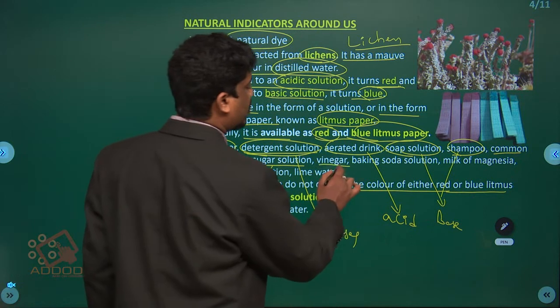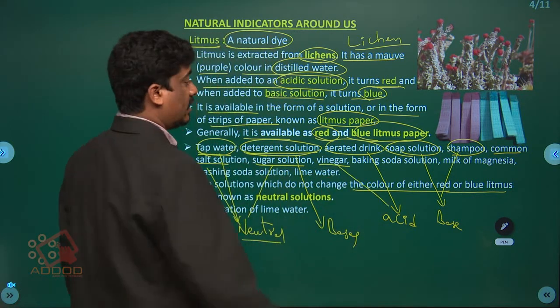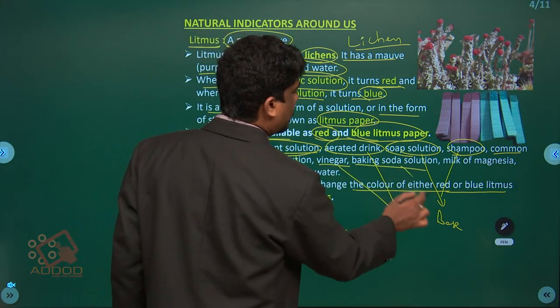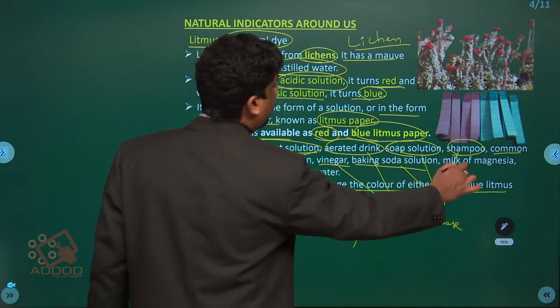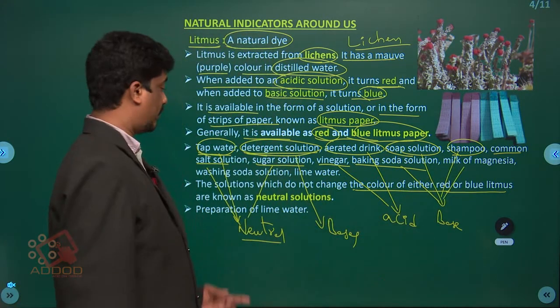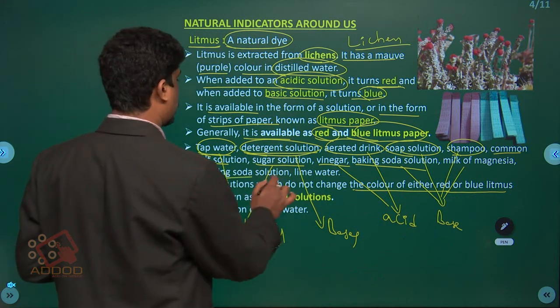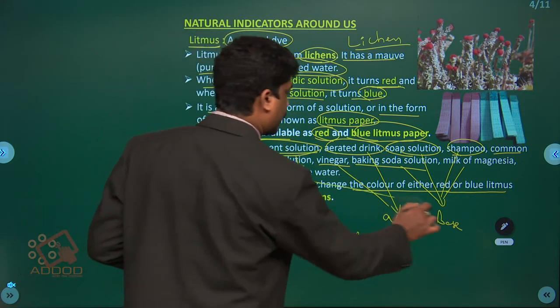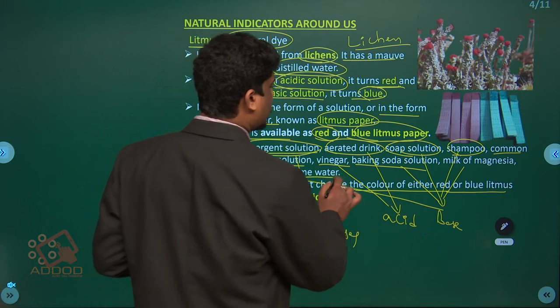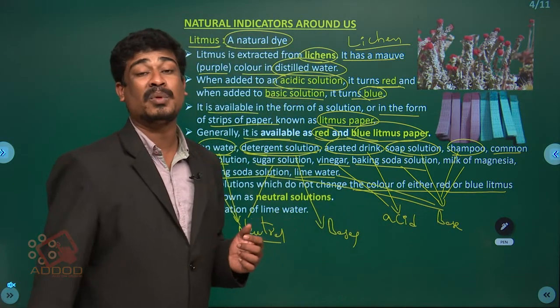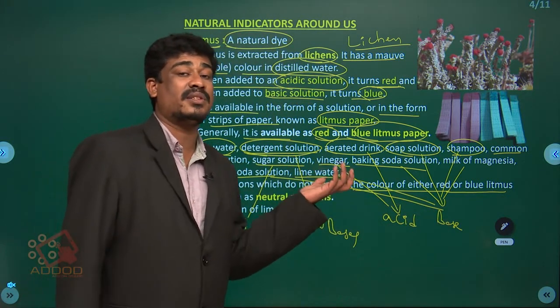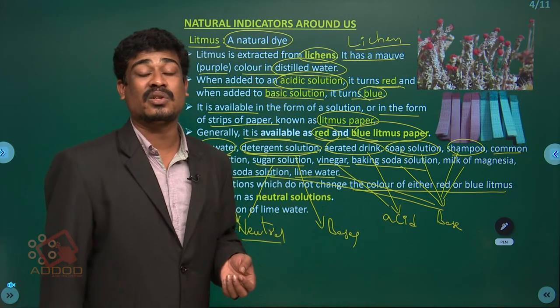Vinegar is an acidic solution, already discussed. Baking soda solution is basic. Milk of magnesia is also basic in nature. Washing soda solution is also basic. Lime water is also basic. The general name of lime water we already discussed in the last table: calcium hydroxide is lime water.